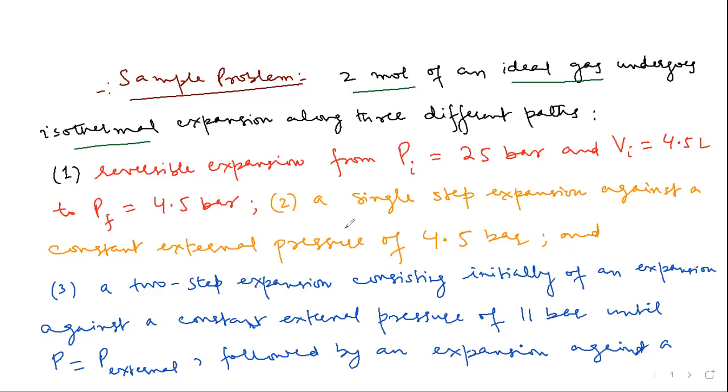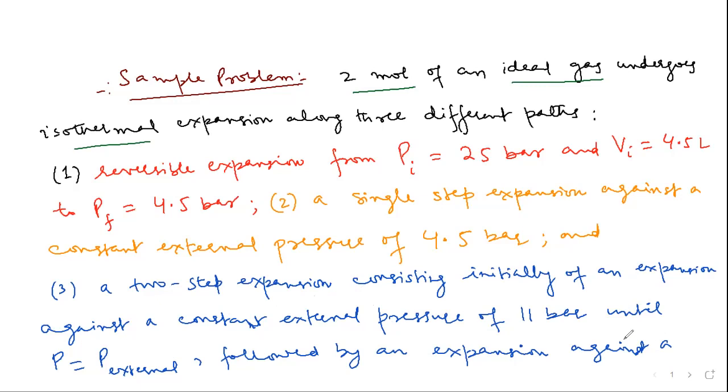And in second situation, it undergoes a single step expansion against a constant external pressure of 4.5 bar. And this question indicates that this gas is externally exposed to a constant pressure of 4.5 bar. That means the process is done against 4.5 bar pressure. Then another is a two-step expansion. First, it initially expands against a constant external pressure of 11 bar until it attains 11 bar pressure.